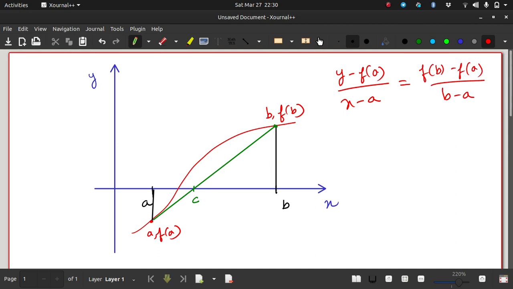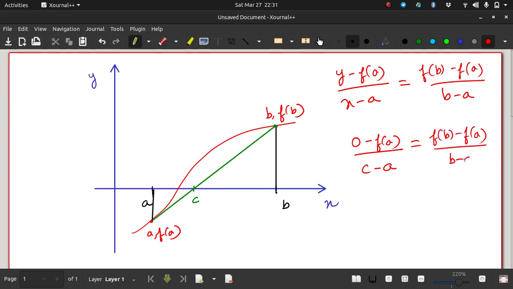We have got the equation for the line. We need to get the point where this line crosses the x-axis. When a line crosses the x-axis, at that point y equals 0, right? Here y is 0 and x is equal to c. So 0 minus f of a equals c minus a, times f of b minus f of a, over b minus a.